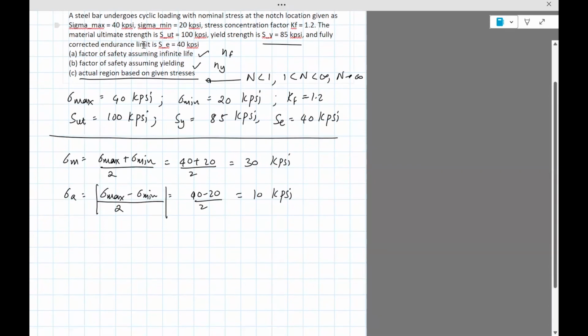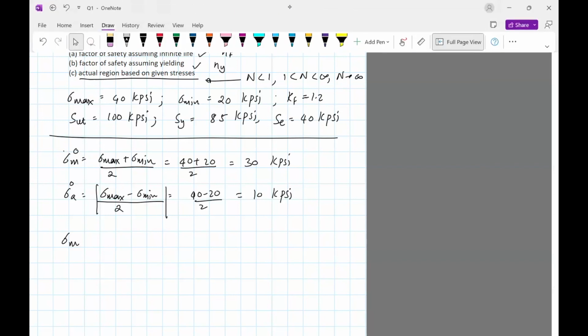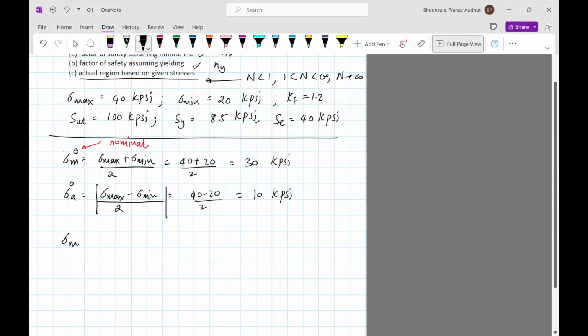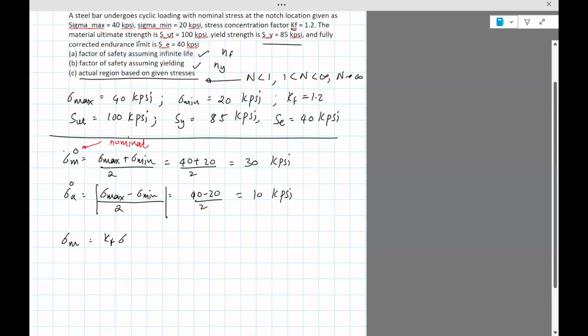Okay, but remember, there is also a stress concentration because this is actually where there's a notch. So for the actual stress, I would like to put this as the nominal stress. Let's call that sigma O. The actual stress is going to be Kf times the nominal.